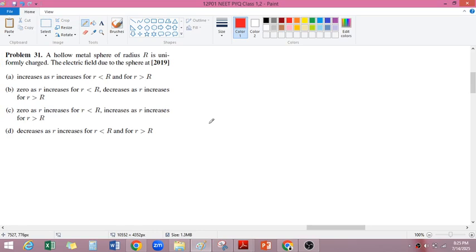A hollow metal sphere of radius R, hollow metal, so that means it's kind of an empty shell of radius R, is uniformly charged. The electric field due to the sphere: inside, we studied many times in this class itself, electric field inside is zero, right?